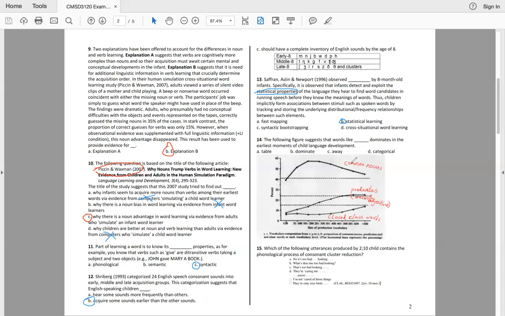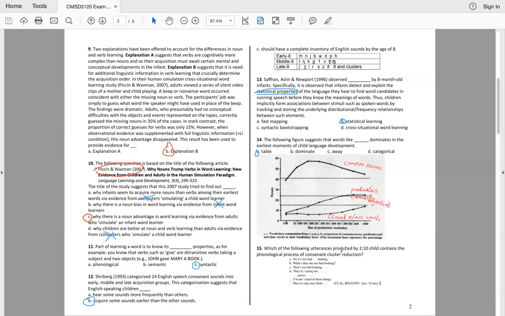If we look at the figure, we see common nouns dominate. So a large percentage of the early words that children acquire are common nouns. And we just need to find an example from these 4 options that is a common noun. So A is a noun, B is a verb, C is a preposition, and D is an adjective.